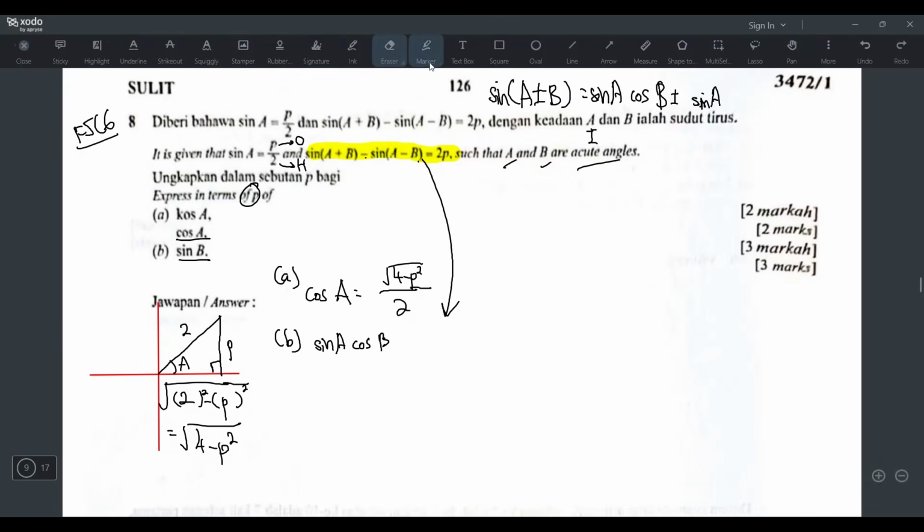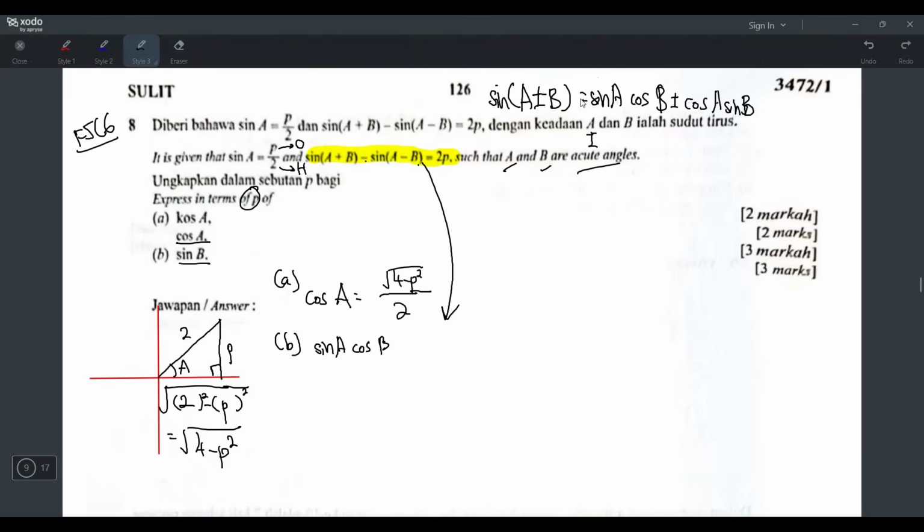Chunhao, wake up. Sorry, sorry. It's like midnight now, so my brain is not functioning properly. Okay, I'm back. Sine A cos B plus minus cos A sine B.